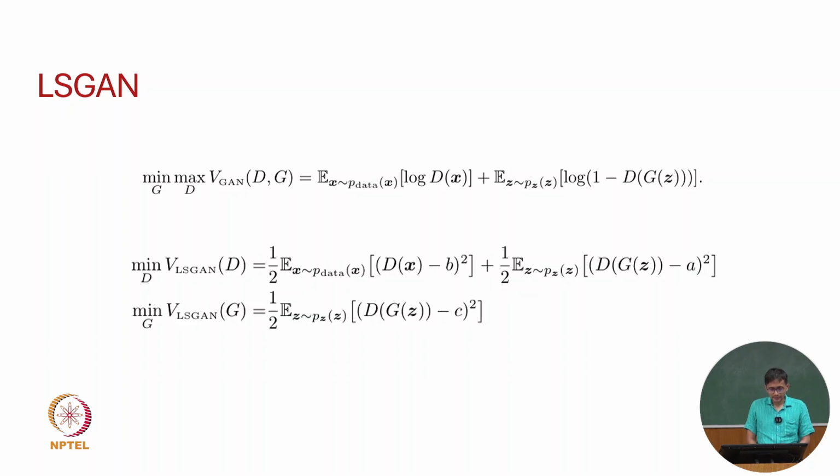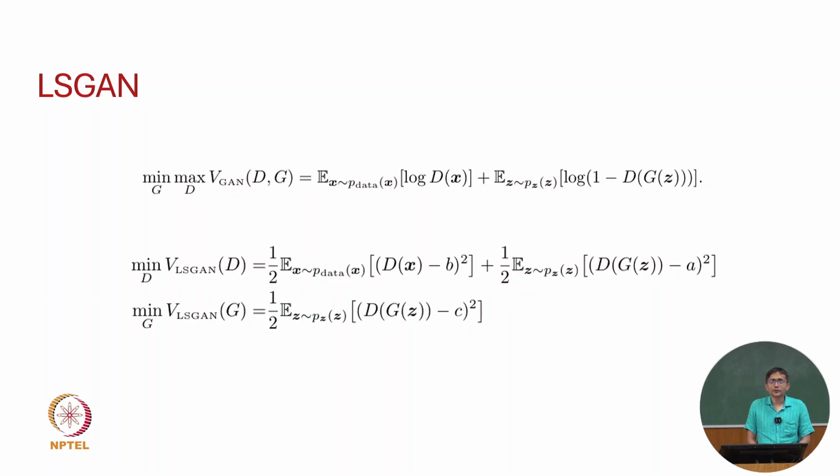And what we see is that D(G(z)) is the discriminator's output on a synthetic input, and D(x) is the discriminator's output on real input.